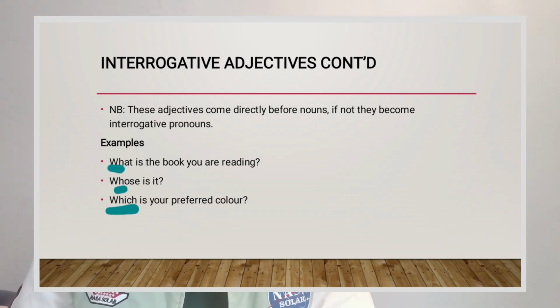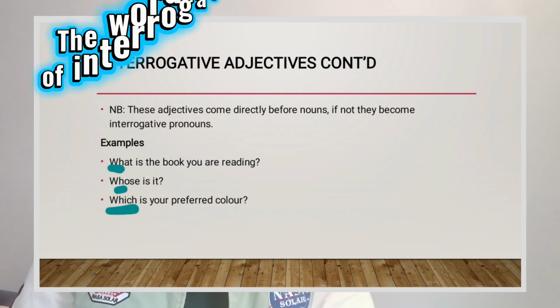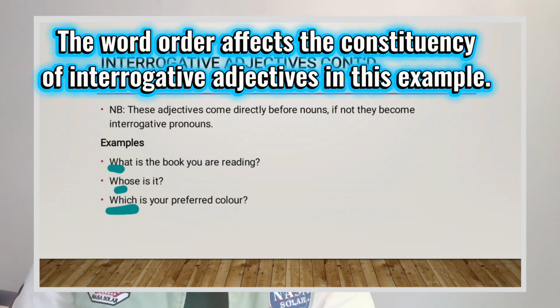This whose is no longer serving as an interrogative adjective, but an interrogative pronoun. And which is your preferred color? This particular word is no longer serving as an interrogative adjective, but an interrogative pronoun.